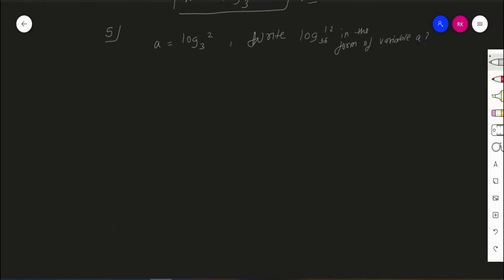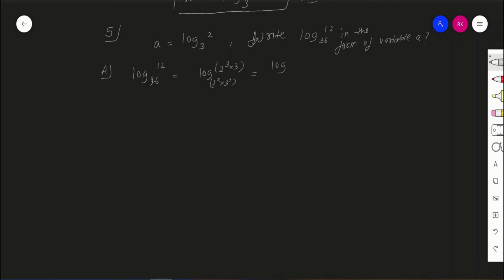In this question, I have log 12 base 36, so I'm going to write 12 as 2 square into 3, and 36 is 2 square into 3 square.